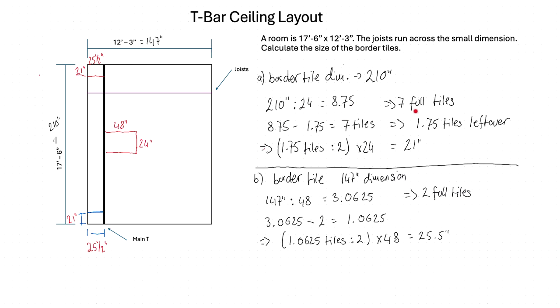So we have our leftover of 0.75, and we want to have 1 full one additionally, which means we have 7 full tiles, which leaves us with 1.75 leftover tiles that we can then divide by 2 to find out how much of a tile we have left for that border.